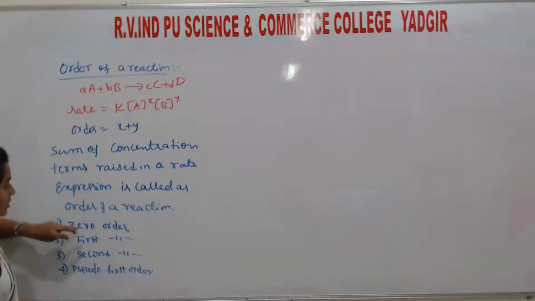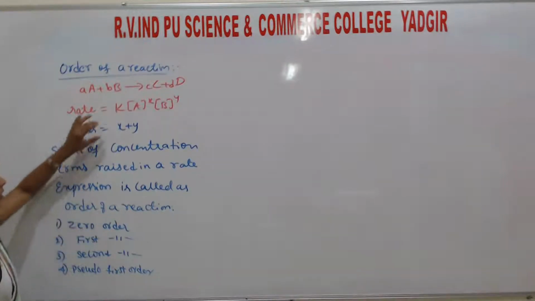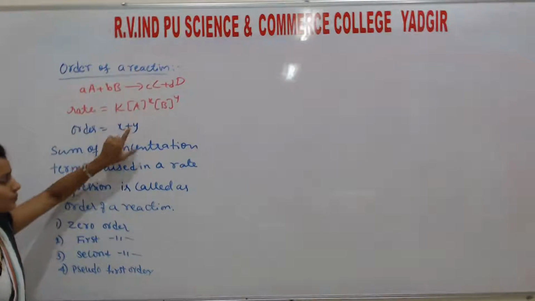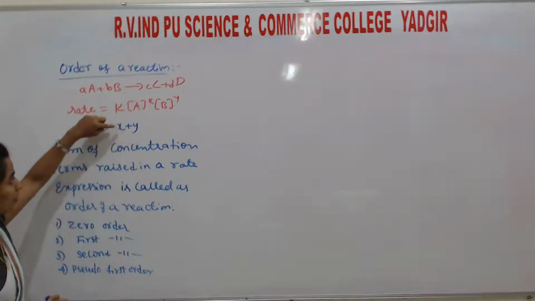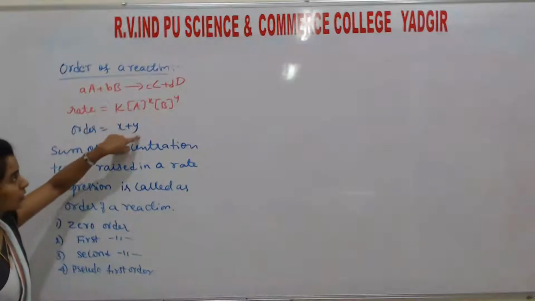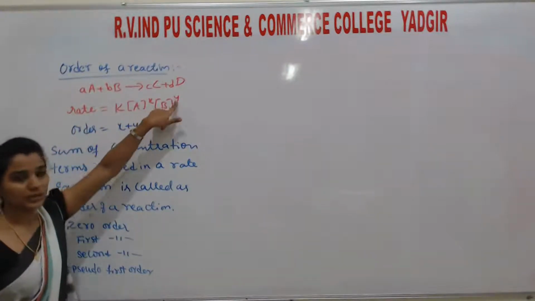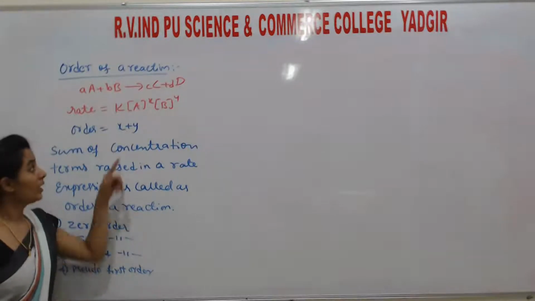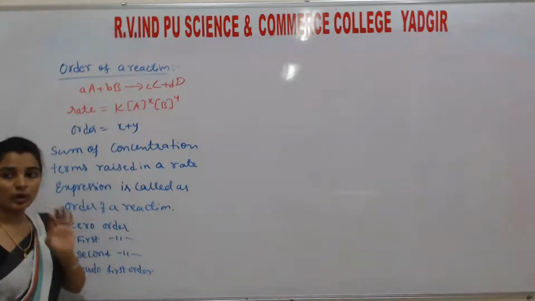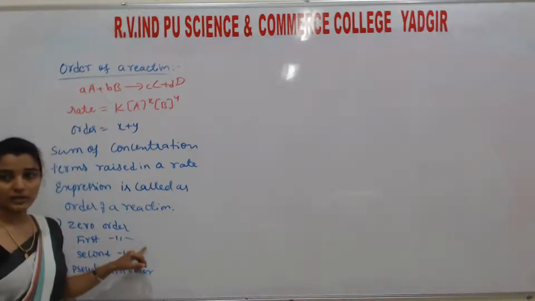So what is this? So zero order reaction means here both x and y becomes what? Here x plus y is equal to 0. When it will be equal to 0? When x equal to 0 and y equals to 0. This is equal to 0, this is equal to 0. Okay? Then this is a zero order reaction. If x plus y is equal to 1, then it is a first order reaction.